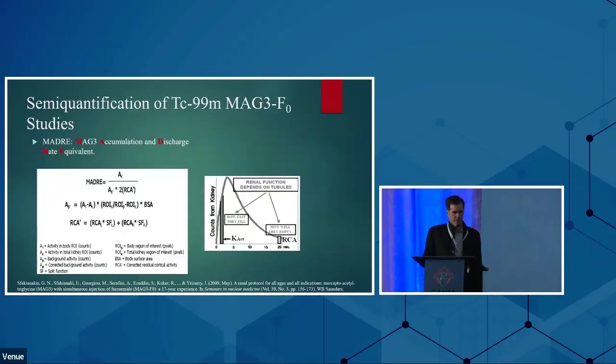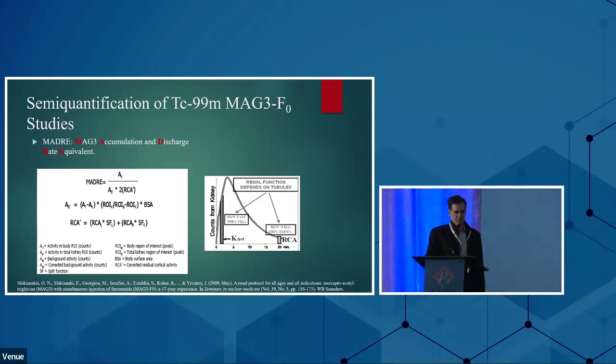Okay. Now, this is a modern method of determining renal function using technetium MAG3 scintigraphy. There is one group that has the MADRE score, which stands for the MAG3 accumulation and discharge rate equivalent. Those investigators said that there are 2 components of renal function.